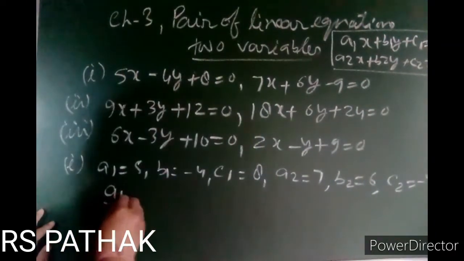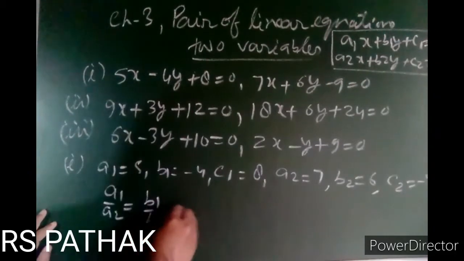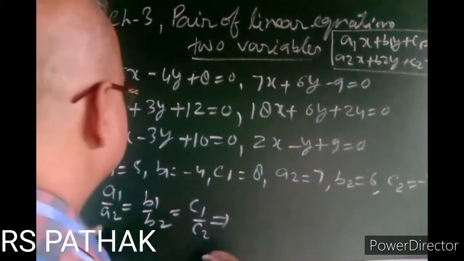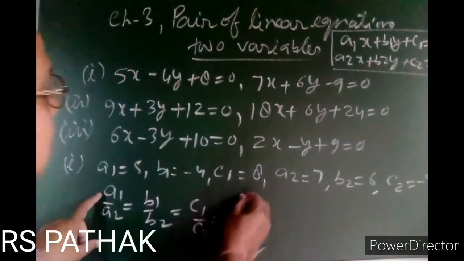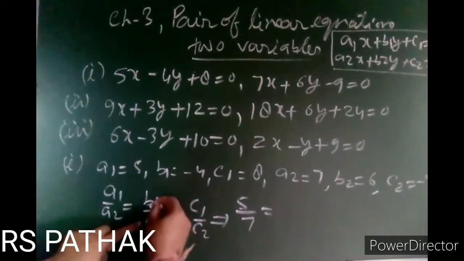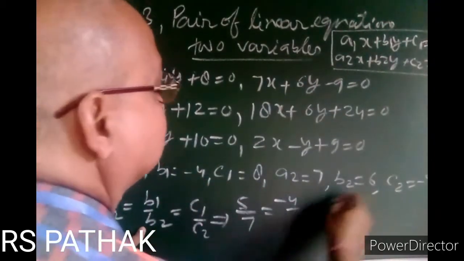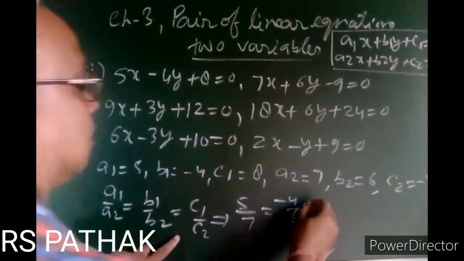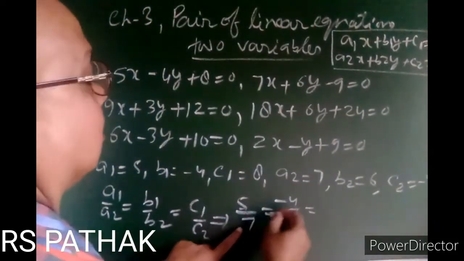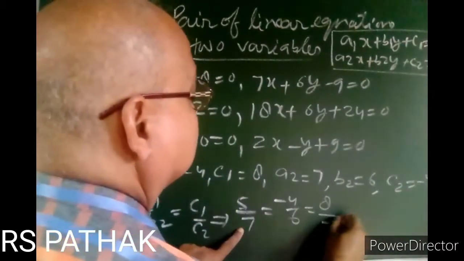Then A1 upon A2 equal to B1 upon B2 equal to C1 upon C2. A1 upon A2 means 5 upon 7, B1 upon B2 means minus 4 upon 6, C1 upon C2 means 8 upon minus 9.